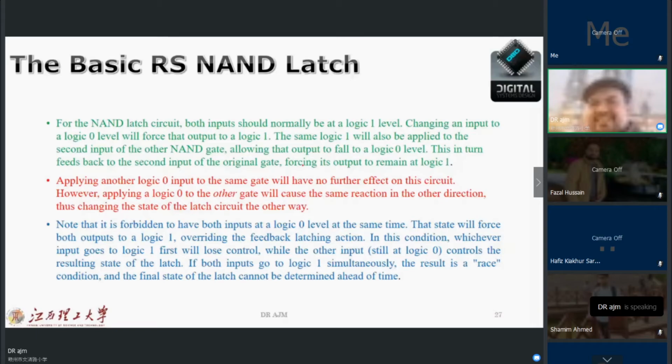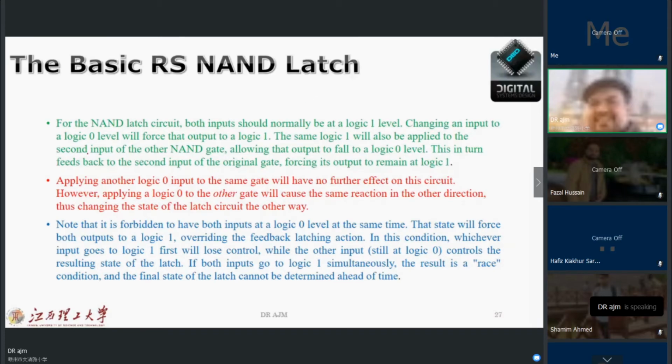and changing an input to logic 0 level will force that output to logic 1. The same logic 1 will also be applied to the second input of the other NAND gate, allowing that output to fall to logic 0 level. This in turn feeds back to the second input of the original gate, forcing its output to remain at logic 1.